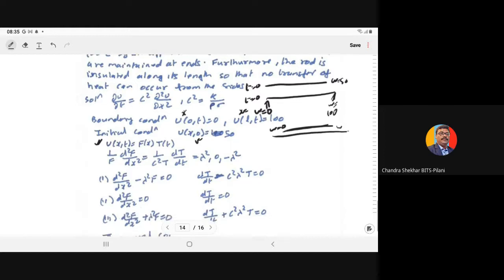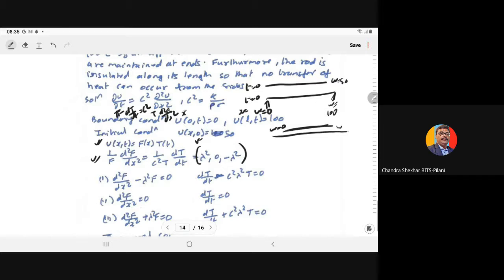So del u by del t we can write as F dT by dt, equal to c square, and del 2 u upon del x2 can be written as T del 2 F upon del x2. So using this, we have the equation 1 upon F del 2 F upon del x2 equal to 1 upon c square T dT by dt, and we assume that this can be either positive, zero or negative.